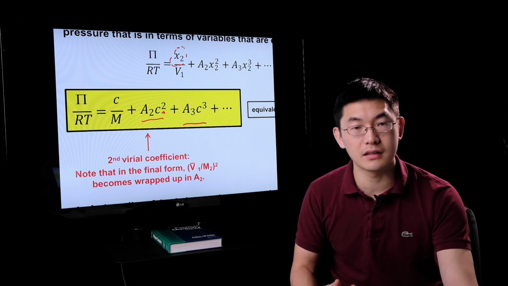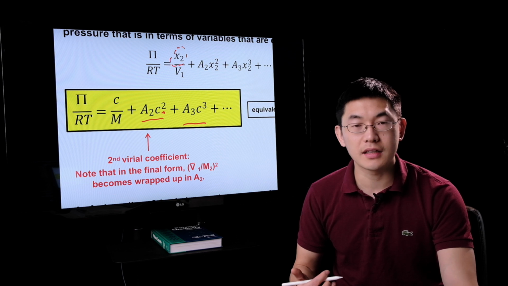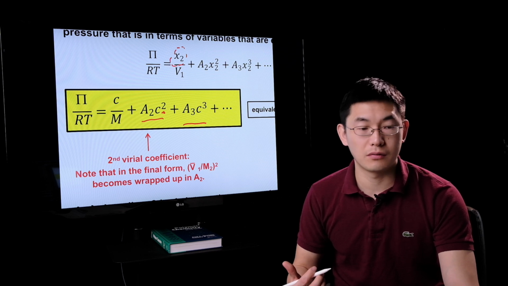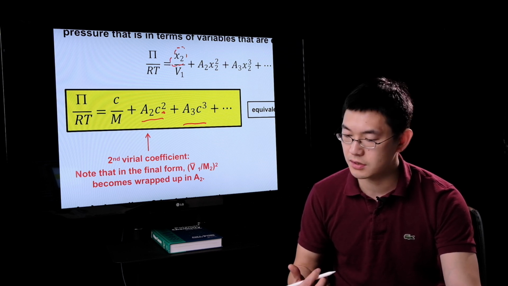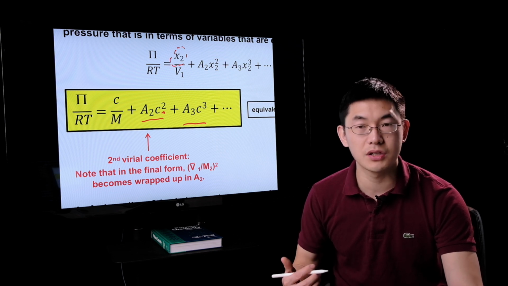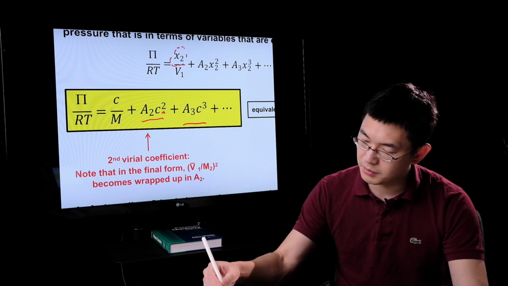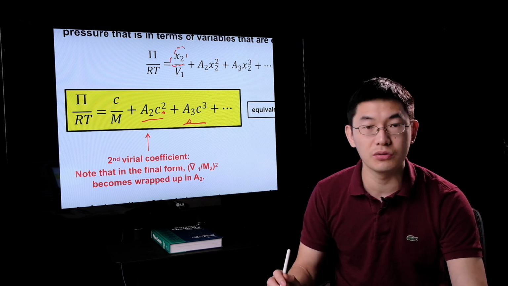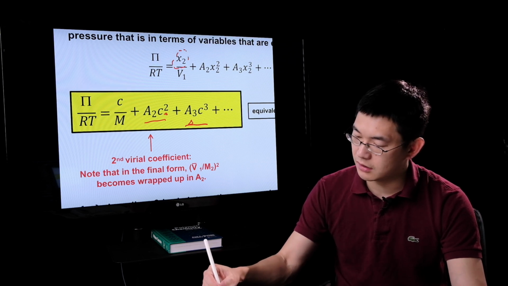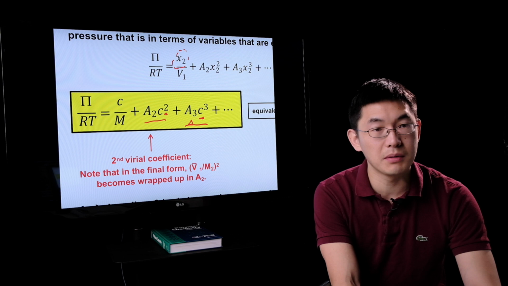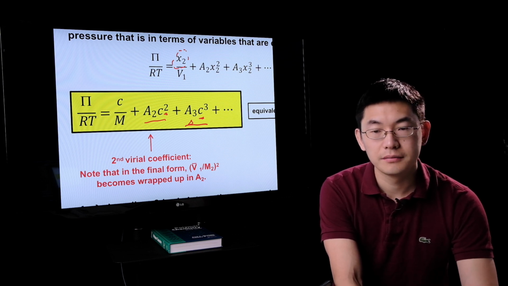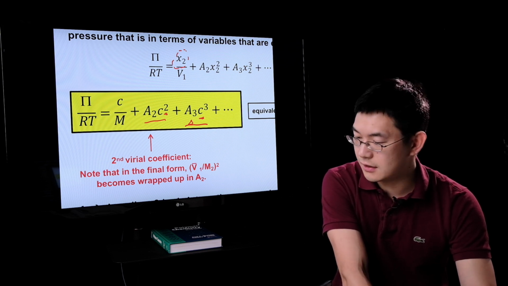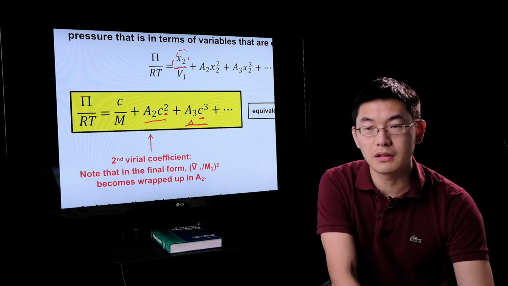It's typically done in dilute solution conditions. In the dilute solution condition, your C is going to be very small. If you talk about dilute concentration, C is typically 10 to the minus 2, 10 to the minus 3. If you take a cube versus a square, you will see the A3 term will not make a huge impact, because you have an additional C cubed term there, and it's likely going to be very little. And if you consider four-body interaction, which will also exist in the solution, it will be even smaller. Okay.